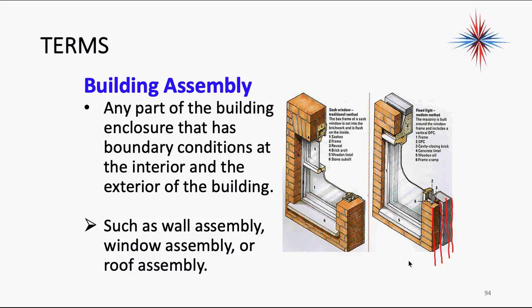So I have multiple layers to that wall that all come together and provide thermal conductivity or lack of, or insulation. So it might be the sashes, the frame, the reveal, the brick arch, the wooden, and so on and so forth. There's a lot in there that is part of the building assembly.